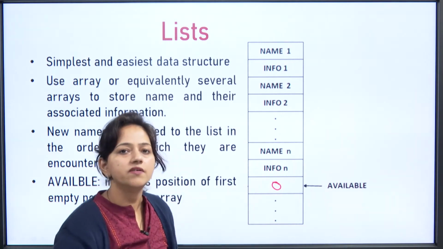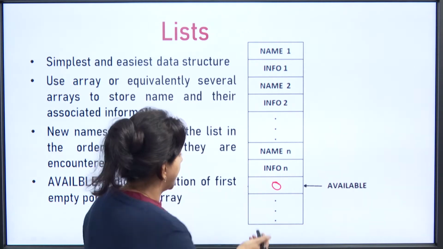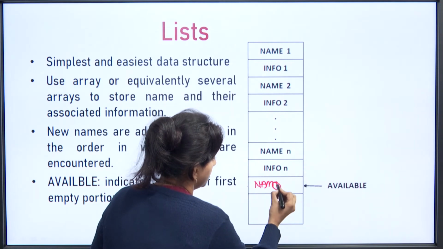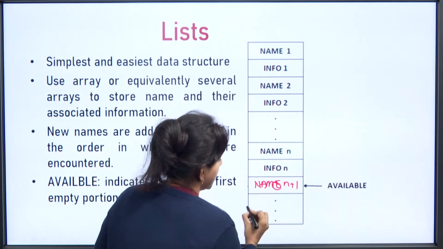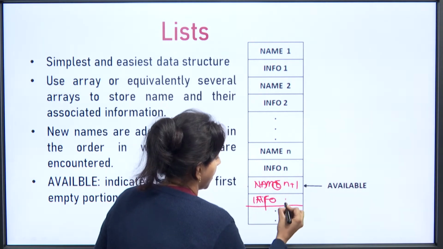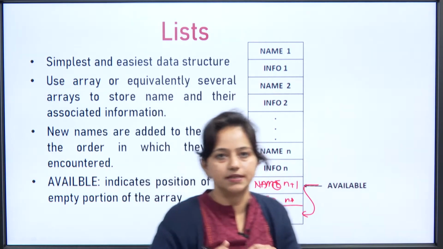Now, suppose we need to enter name n plus 1 into the table. It will be stored here, then we will store its information, that is info for n plus 1, and now available will point to the next available space.